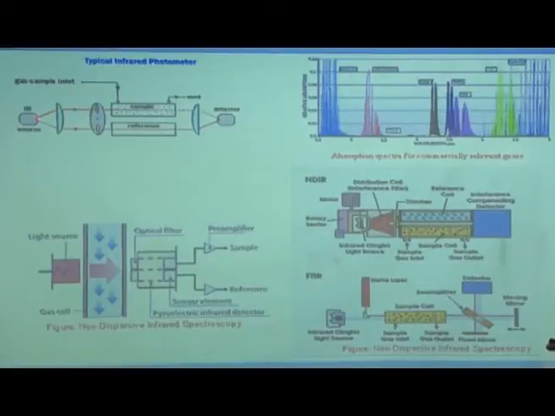So, a beam of the same intensity passes through the sample as well as the reference. Now, when the beam is passing through the sample, the wavelength characteristic to carbon monoxide will be absorbed here, and it will not be absorbed here because there is no carbon monoxide.